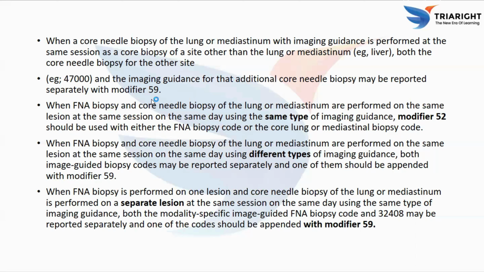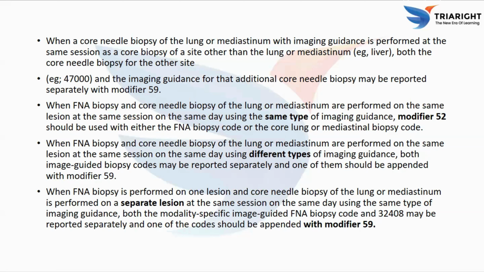What is an example? If the doctor performs a CT guided core biopsy of the lung lesion and an ultrasound guided core biopsy of the liver lesion, what codes do you assign? You can report both biopsies: the CT guided core biopsy for the lung lesion as 32408, as well as the ultrasound guided core biopsy of the liver lesion as 47000, plus the imaging guidance code.